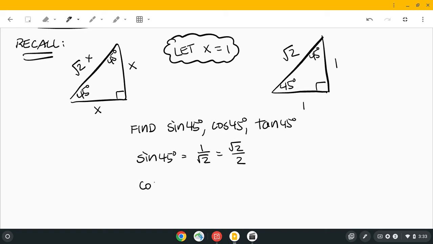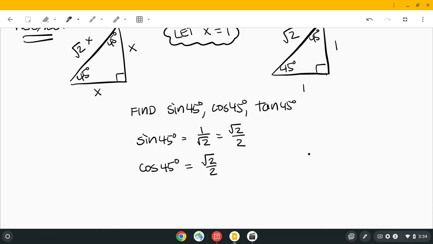Cosine of 45 will be the same because they're cofunctions of complements, so this one will also be square root 2 over 2. We do see that because cosine is adjacent over hypotenuse, so adjacent is 1 over square root 2, which is the same.